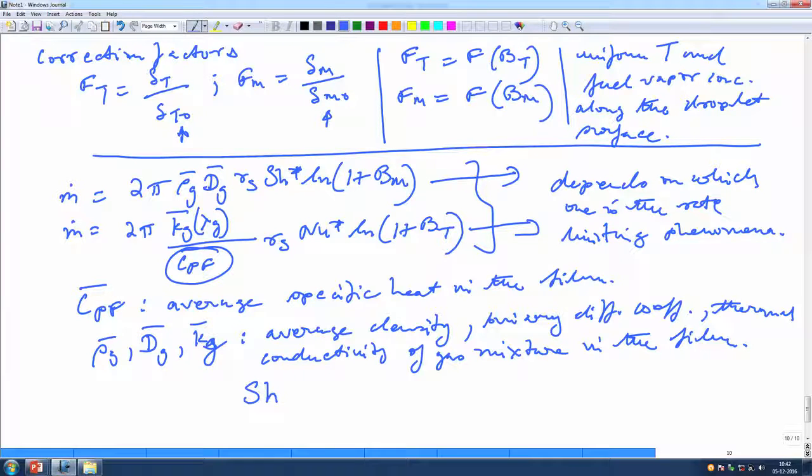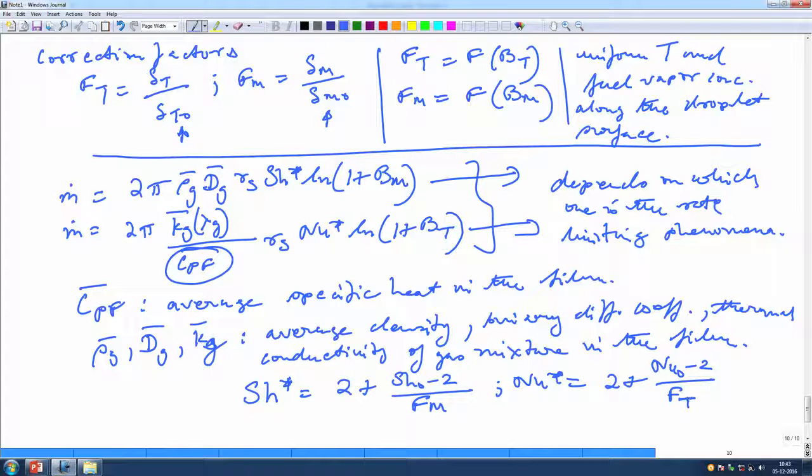So, we have also introduced two numbers like Sherwood number star, that is basically 2 plus the Sherwood number for the non-vaporizing case divided by this Fm that we just now said, okay. Similarly, there is a Nusselt number counterpart to it, that is nothing but 2 plus Nusselt number 0 minus 2 divided by Ft, okay.